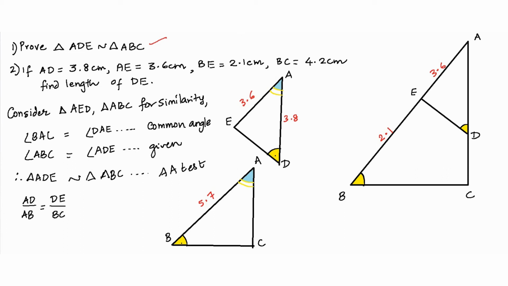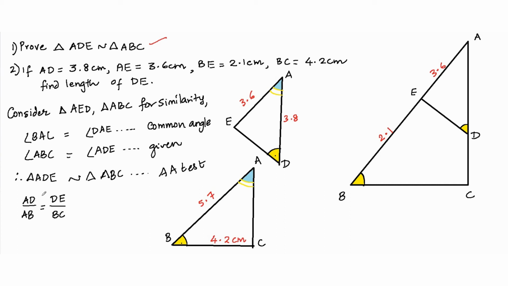So now let us take the different values and substitute them. The length of AD is 3.8, and the length of AB is known. By the way, did we consider the length of BC? The length of BC is 4.2 centimeters.